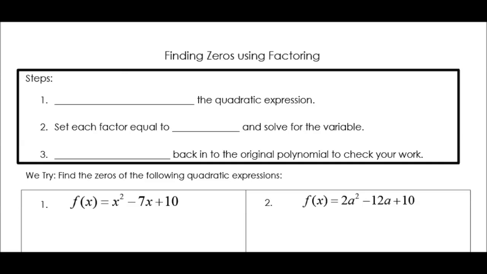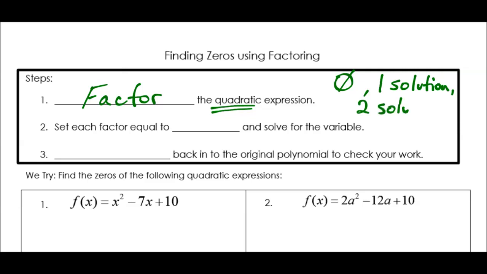So now we're finding the zeros using the factors. Our first step is obviously just to factor. We're going to factor the quadratic expression. When it says quadratic, we could have no solution, we could have one solution, or we could have two solutions.